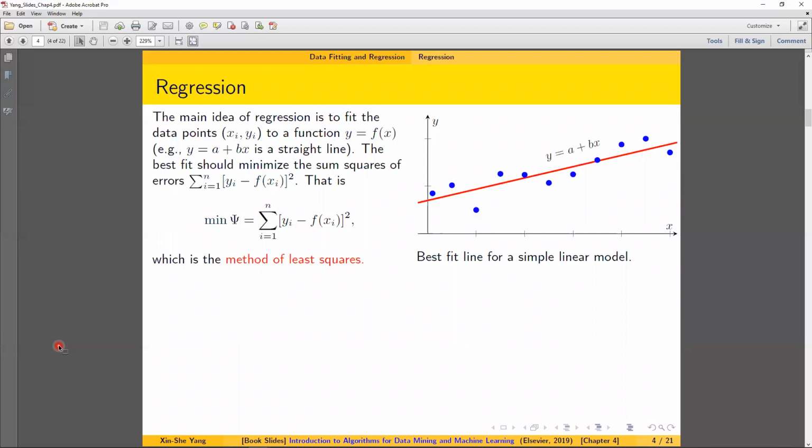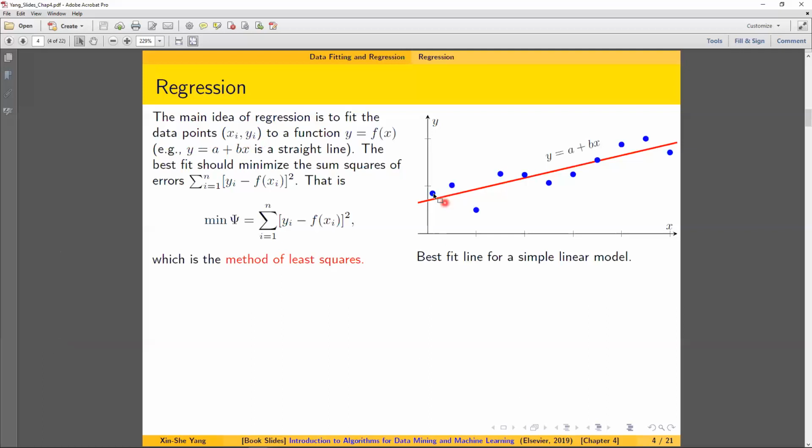By now, I'm not sure if you have any exposure to regression. I assume you probably have already. If not, there will be specific courses that focus a lot on the regression theory in this curriculum. But here, serving as an introduction and a demonstration of the relationship between regression and optimization, we start the discussion on regression. The regression idea is to fit the data points xi and yi. Xi, yi stands for a specific data point.